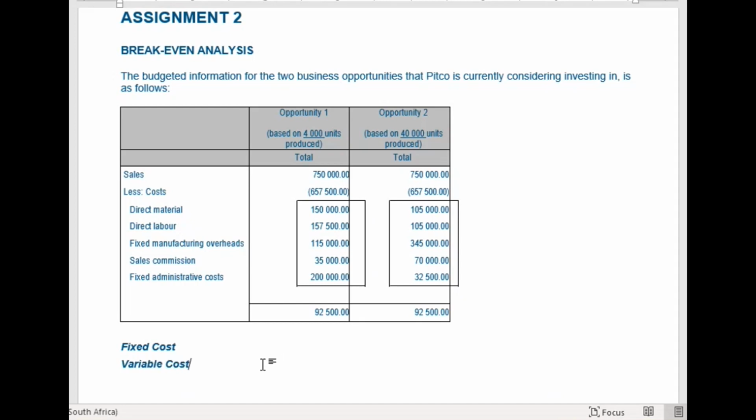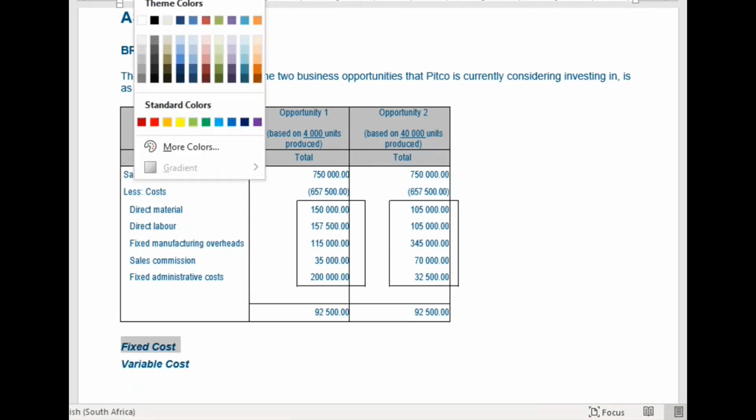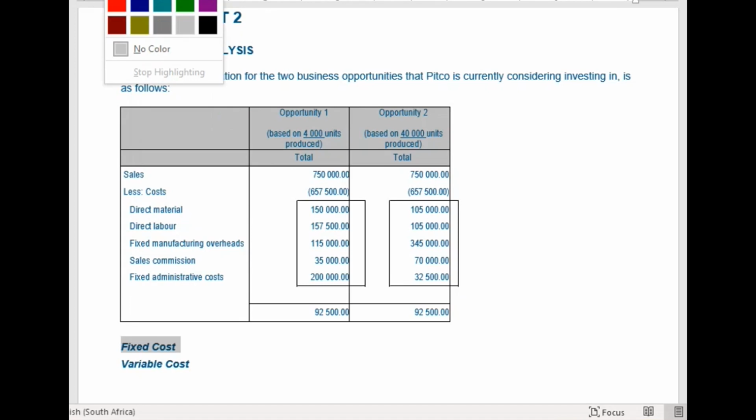And it is important that you are able to identify what is fixed cost and what is variable cost. So the fixed cost, let's mark the fixed cost in yellow.